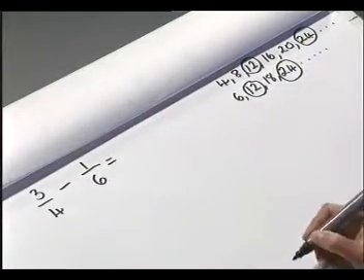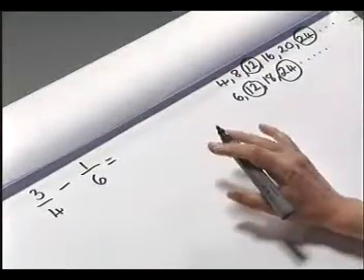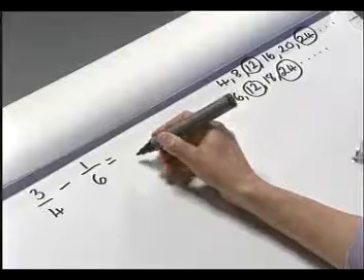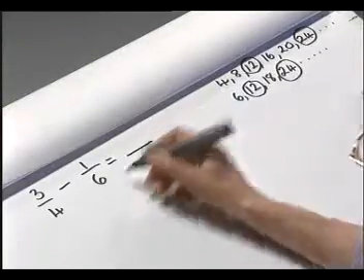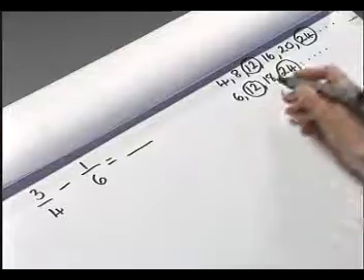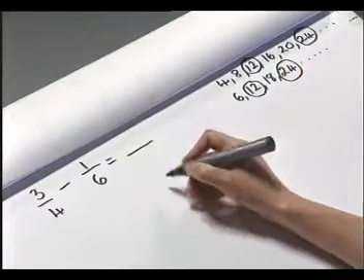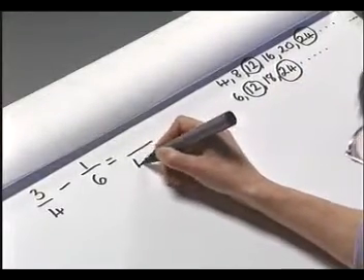We want to use the lowest one, because if we don't, we then need at the end of the calculation to actually reduce the fraction to its lowest form. And it's much easier to deal with smaller numbers, so we try and find the lowest one. So we want to turn our 3/4 into an equivalent fraction with 12 as the denominator.